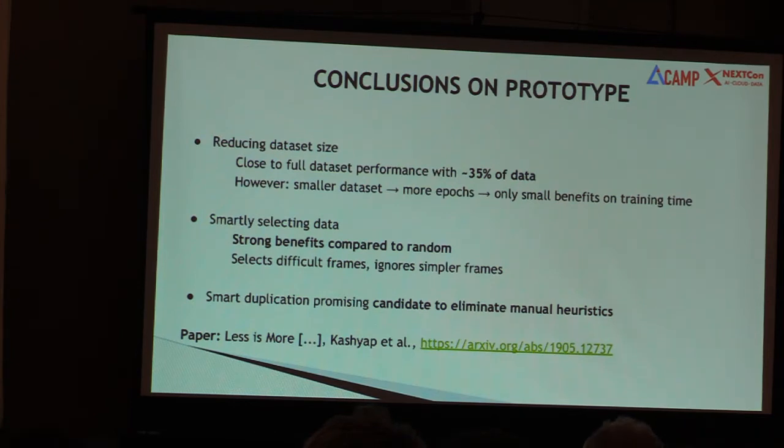That's something we discovered along the way, where we were like, hey, wait a minute, why would we have data scientists work for months on some completely manual duplication selection, rather than use something automated like this? So we have a paper out on arXiv that you can check that talks about this.